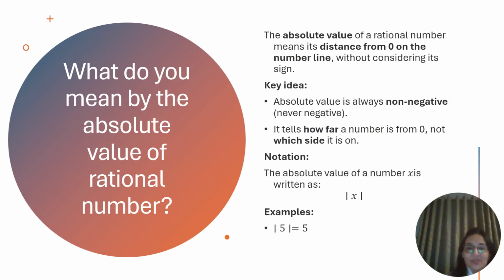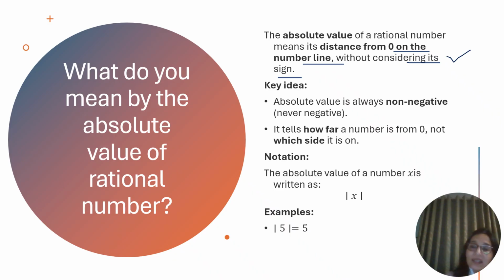Now, there are many times in questions where students tend to get confused by certain terms in rational numbers. It's about the absolute value. Now, what do you mean by the absolute value of a rational number? The absolute value of a rational number means its distance from 0 on the number line without considering its sign. Children, this is very, very important.